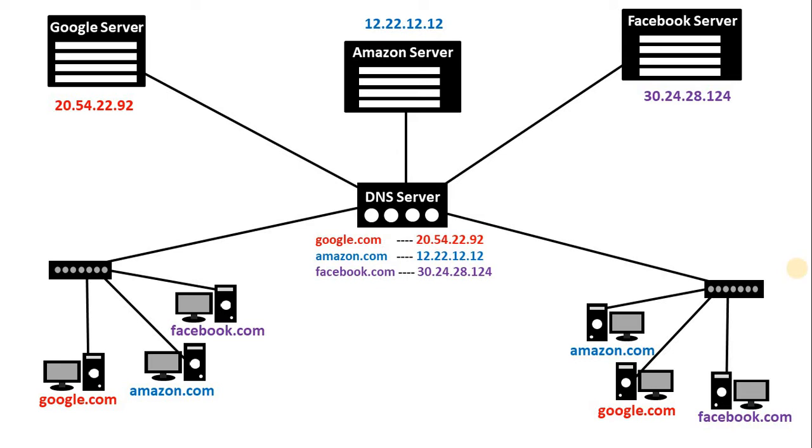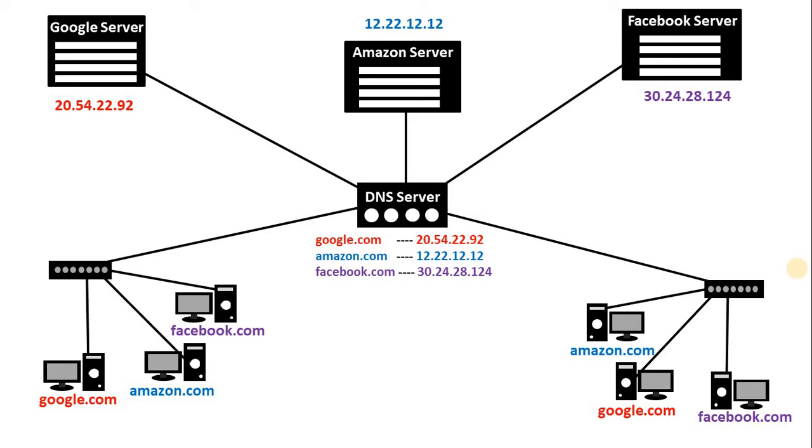These numbers are not easy for a human being to remember. It is much easier for us to remember facebook.com, amazon.com, google.com. That is why the concept of DNS is applied here.